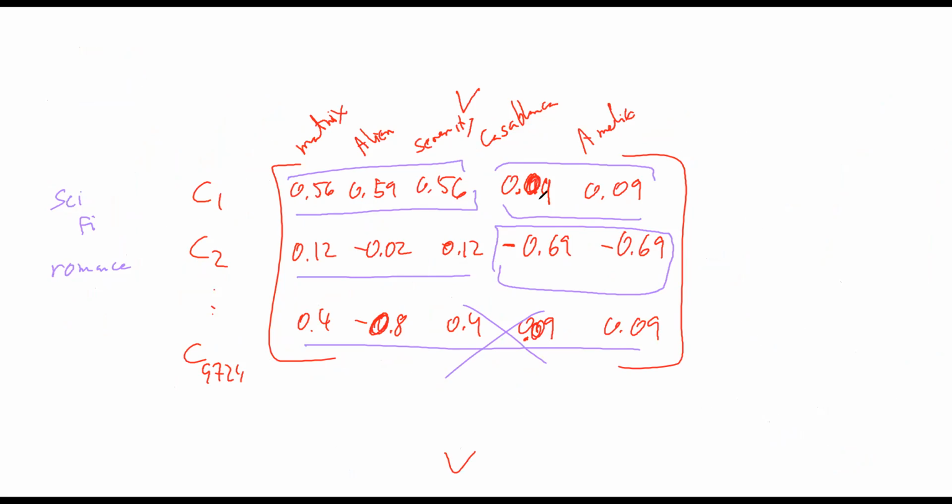Whereas Casablanca and Emily don't, but they do correspond in another way, in another type of behavior, with the romance category or whatever C2 is discovered to be. And that's it. That is, I think, hopefully clear enough. That is the interpretation of singular value decomposition. Any questions, guys?